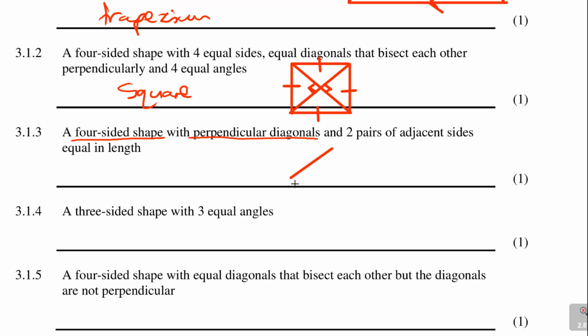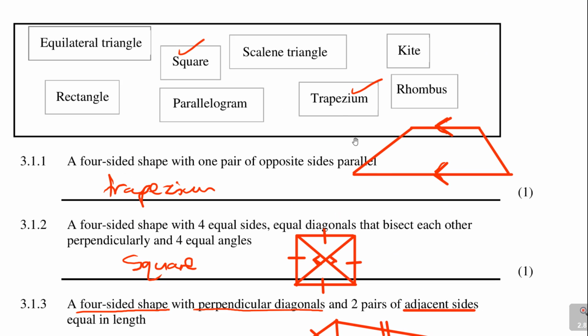We are dealing here with a kite like this. Trust me. With 2 pairs of adjacent sides. These are adjacent sides. And then we are saying a four-sided shape with perpendicular diagonals. If I do this, the diagonals here are perpendicular. So what is this? This is a kite.